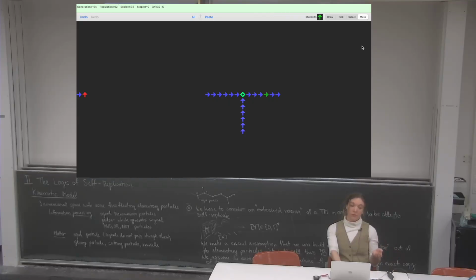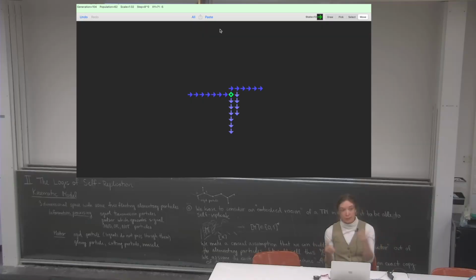And the last function of the confluent state is broadcasting. So we have to be able to multiply signals. One incoming signal should be able to become 2 outgoing signals through 2 different channels, and this is exactly the role of the confluent state.